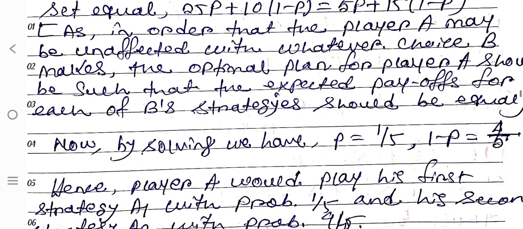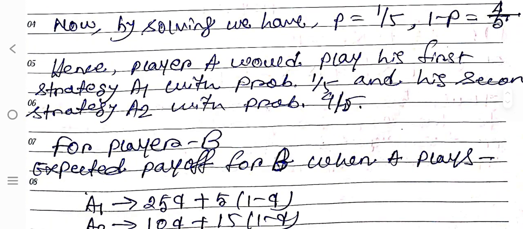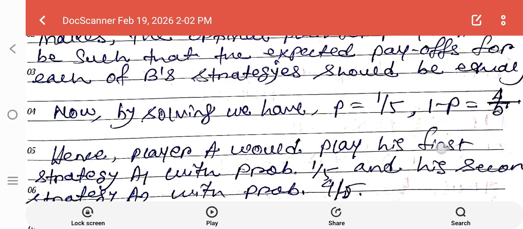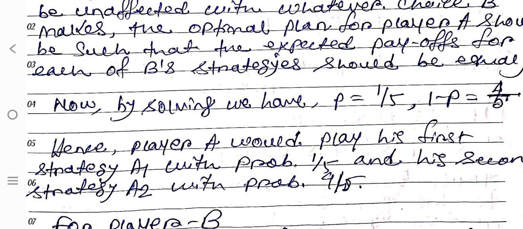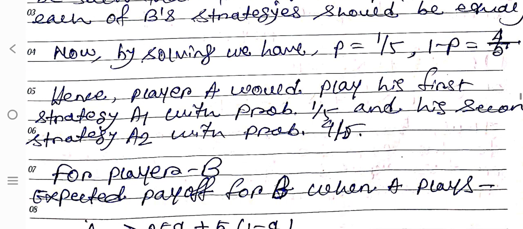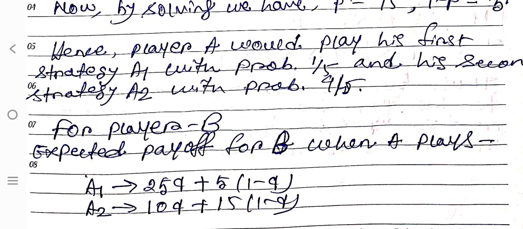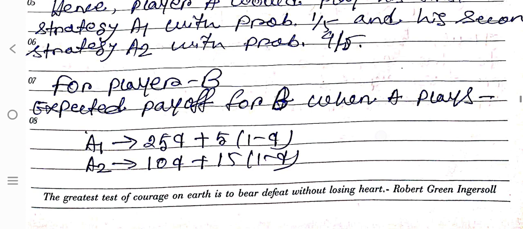Now, solving for p and 1 minus p, we have p equal to 1 by 5, and 1 minus p equal to 4 by 5. Hence player A would play his first strategy A1 with probability 1 by 5, and his second strategy A2 with probability 4 by 5.